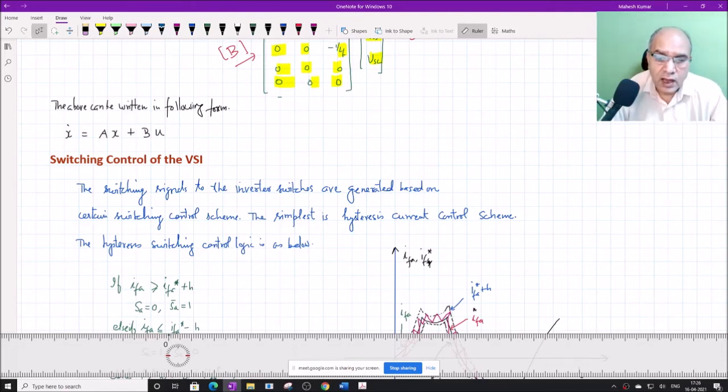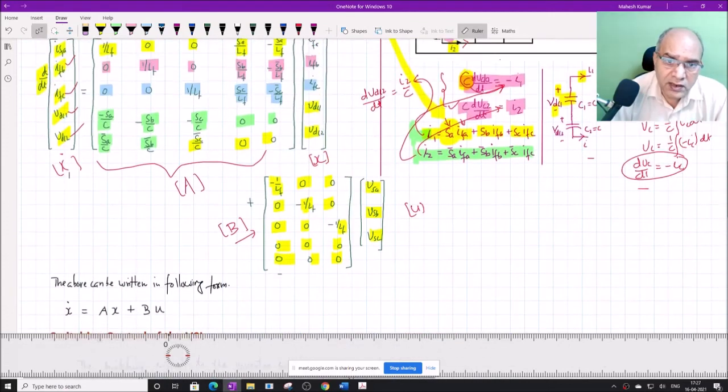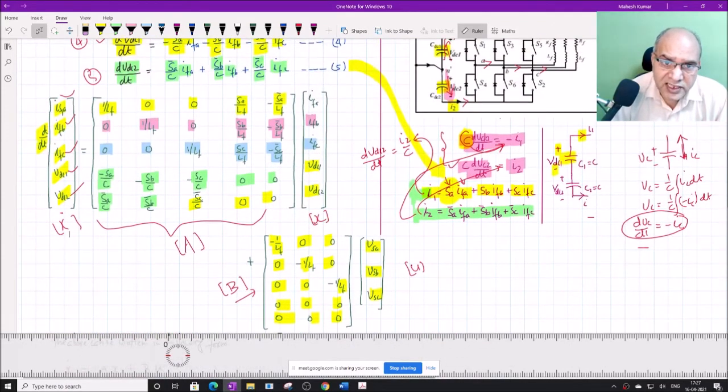Also, once we get this model, as you see in the equations A, B and all those things, the switching functions are there: SA, SA bar, SB, SB bar, SC, SC bar in complementary mode.